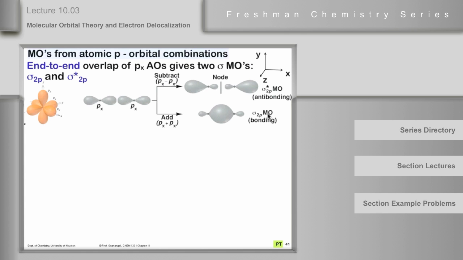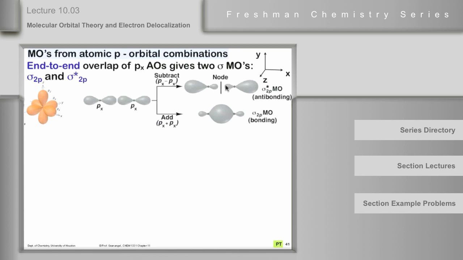Sigma 2p molecular orbital is bonding because if you put electrons in it, they're localized in the area which will make the bond strong. Okay? So if you add these 2 wave functions, px plus px, you get the sigma 2p bonding molecular orbital. And if you subtract them, of course, you create a node in the middle.